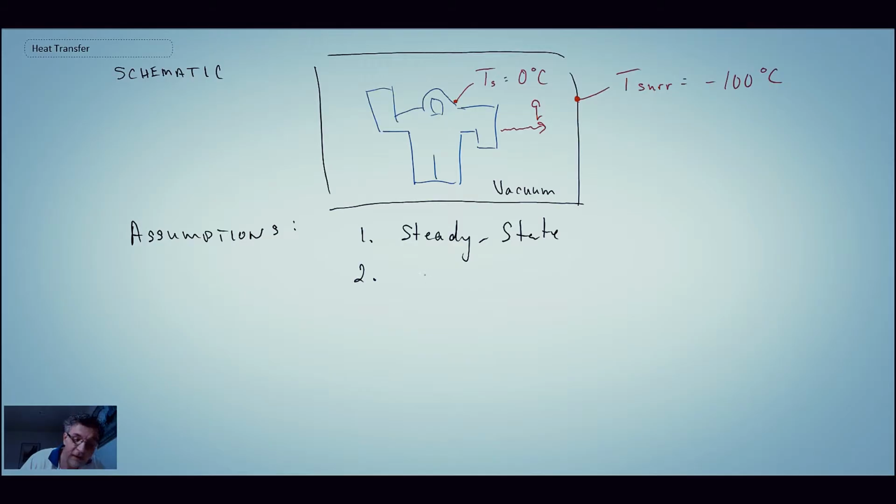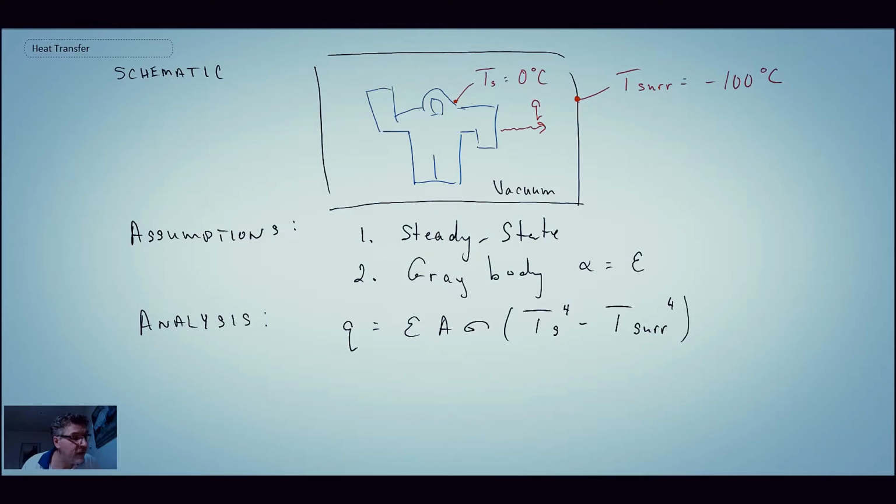Second, we will assume this to be a gray body, and with that we can then say that the absorptivity is equal to the emissivity: alpha is equal to epsilon. And so with that, for analysis, we can use the equation that we came up with in the last segment. So let's begin by writing out that equation.